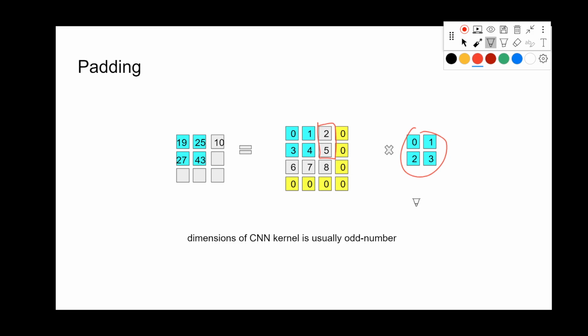The first is that we just drop this one, so we produce a 2x2 feature map, which is smaller than the original 3x3 feature map. If we want to keep the size unchanged, we need to define how we can multiply those two blocks together. The obvious way is that we can pad some values after here. For example, here we pad zeros, so that we can multiply these two blocks to produce the 10 here.